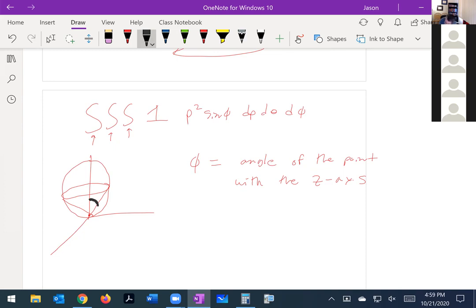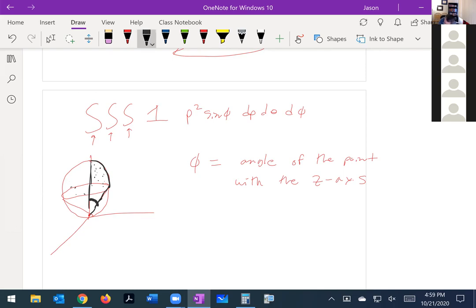Because every single point on this thing, think about this slice right here. If I were to just look at this slice, I'm going to get rid of these dots. I don't need them.